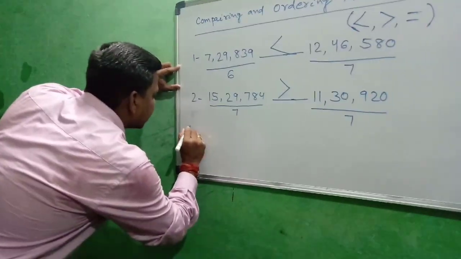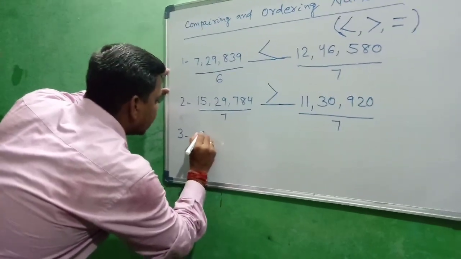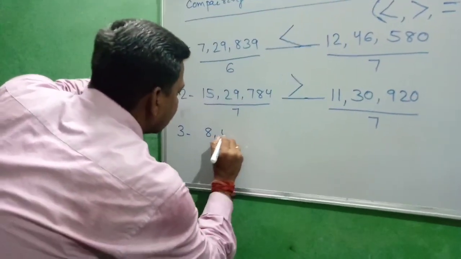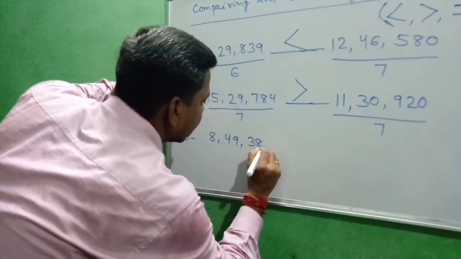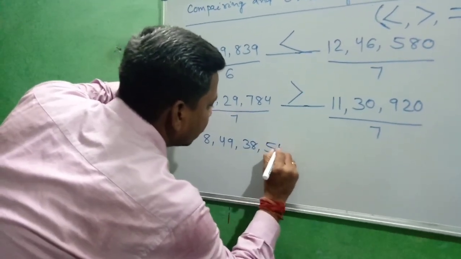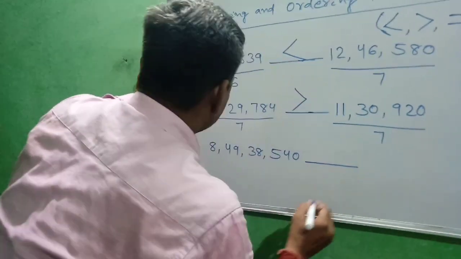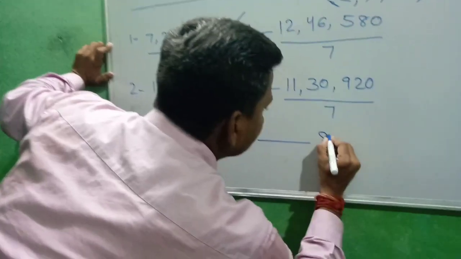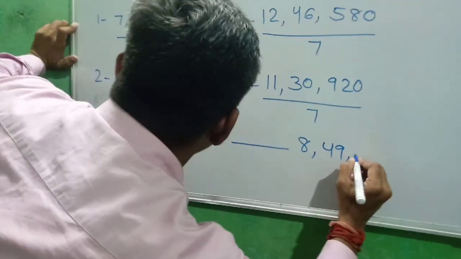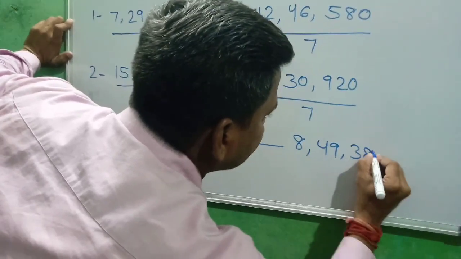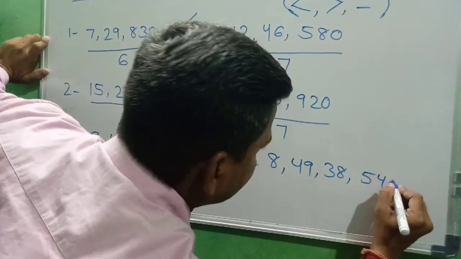In another situation, here I have written 8,49,38,540, and the other number is 8,49,38,540.